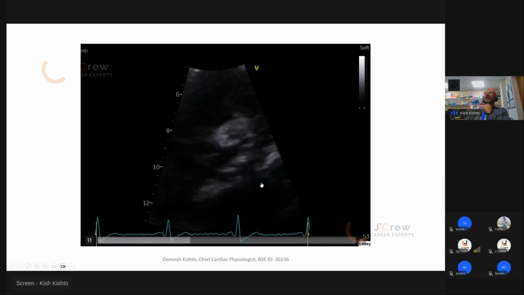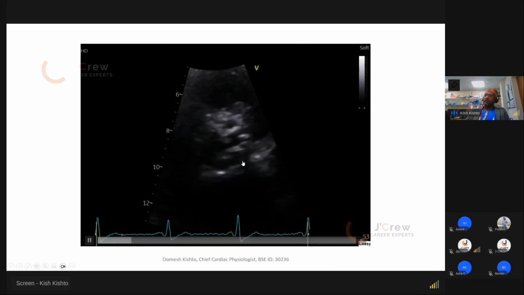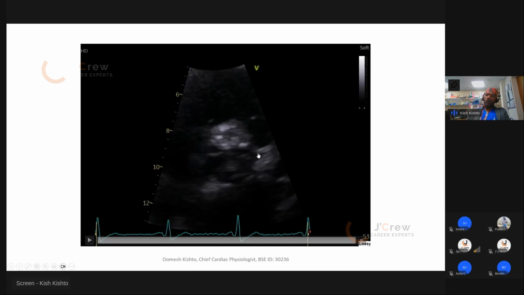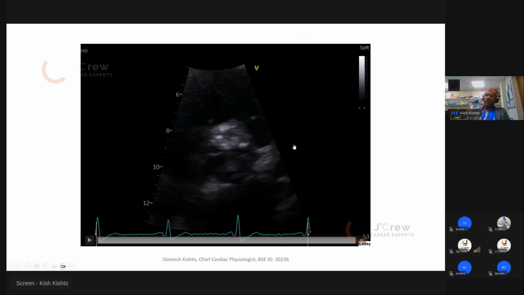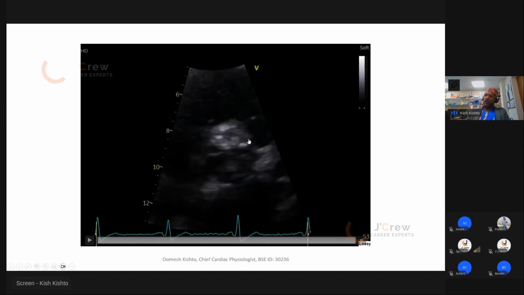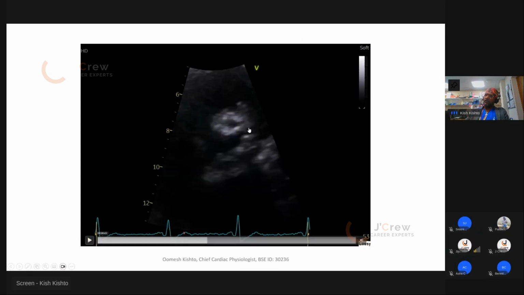Okay, so now what I've done is I've just zoomed on the aortic valve so that I can define a bit more about the morphology. It's very difficult to say whether this is a bicuspid or tricuspid, because I can see here, this is a right coronary cusp, very thickened, just the tip is opening a bit, and this is a non-coronary cusp, and maybe this is the left coronary cusp.